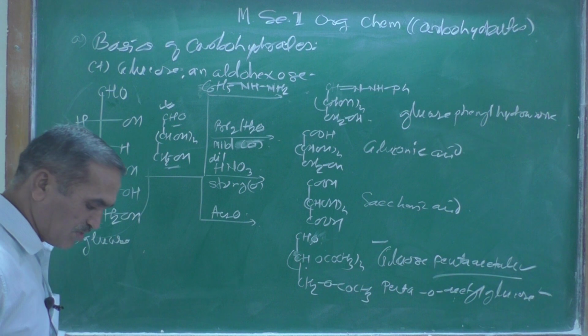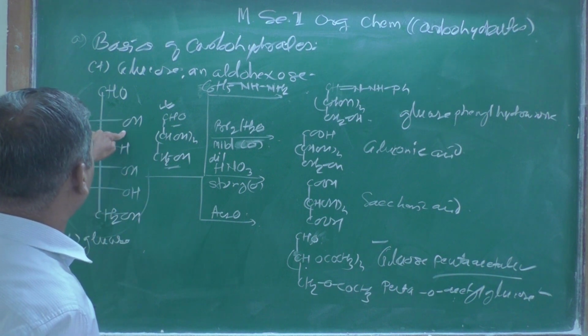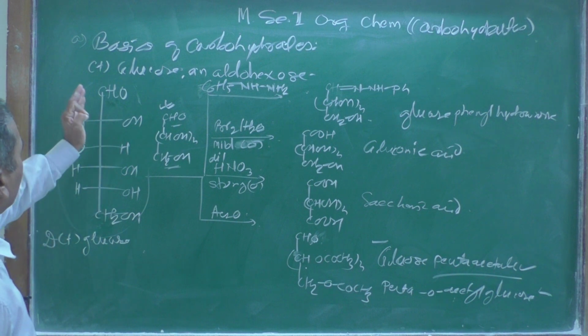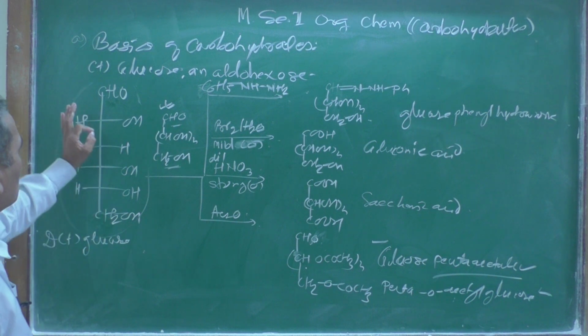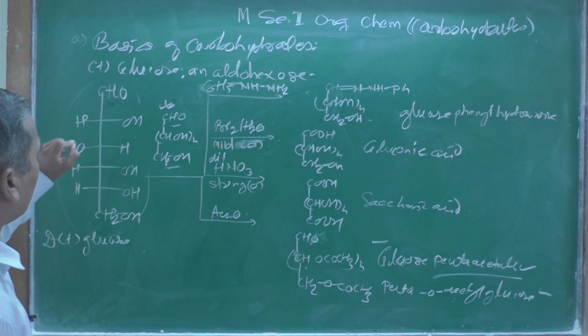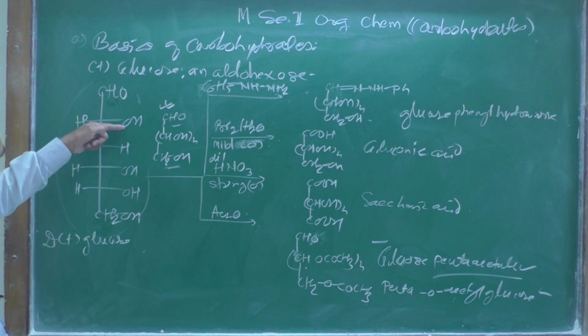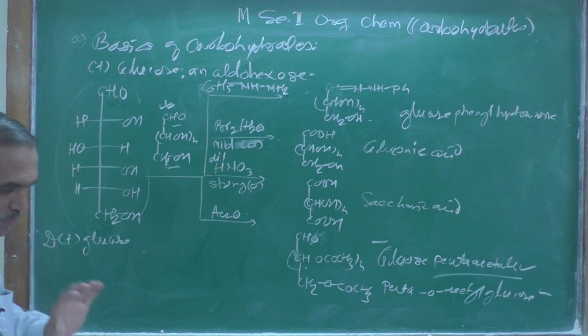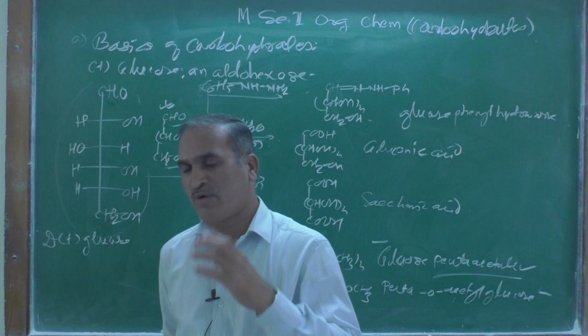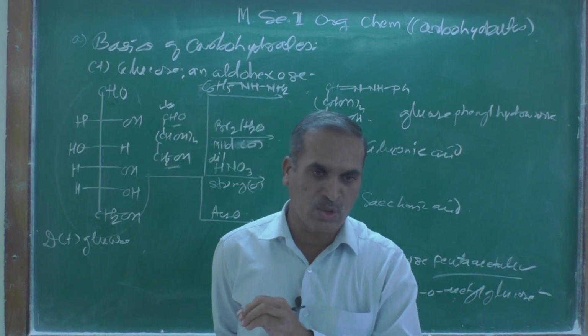If you observe this reaction, if you look at this D-glucose carefully, what do you see? There are 1, 2, 3, 4 and 5 hydroxyl groups. How will you prove that 5 hydroxyl groups are present in glucose?